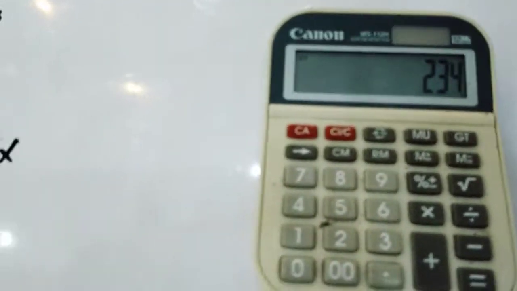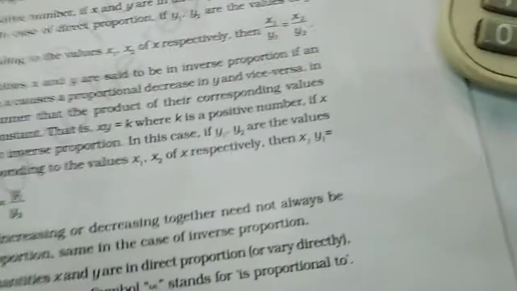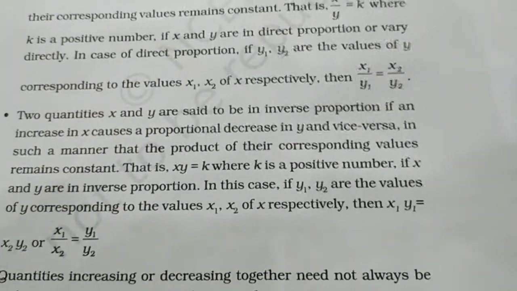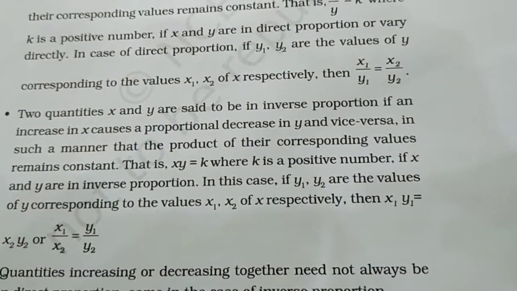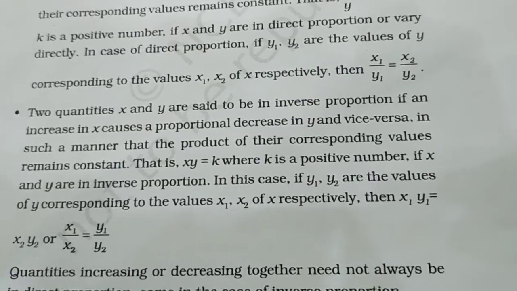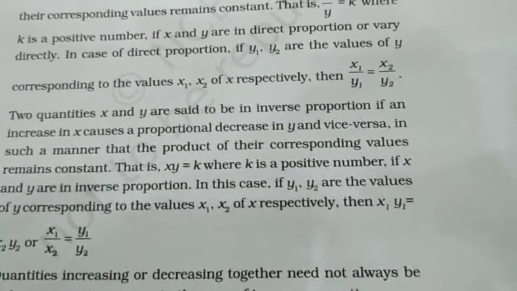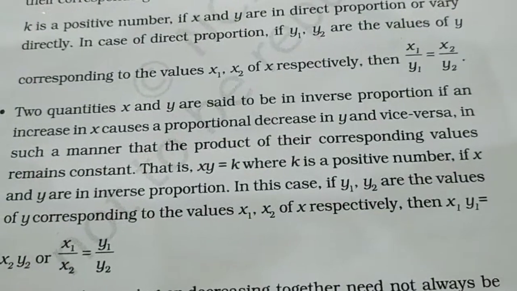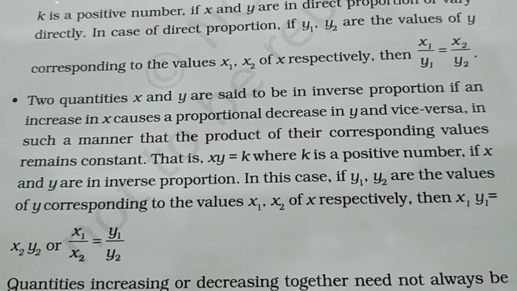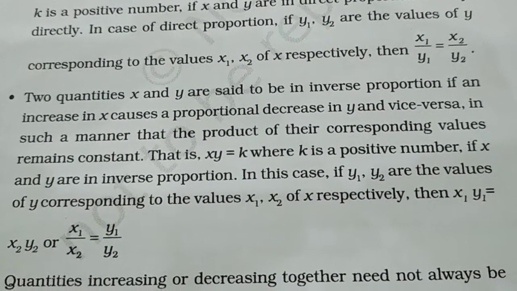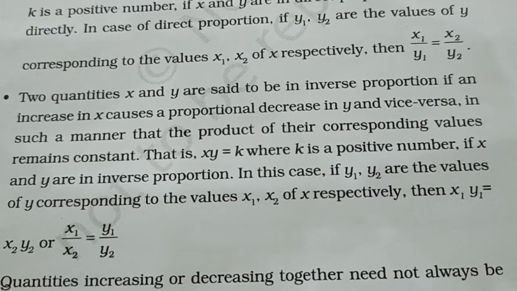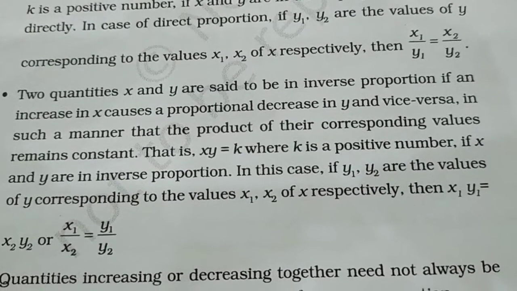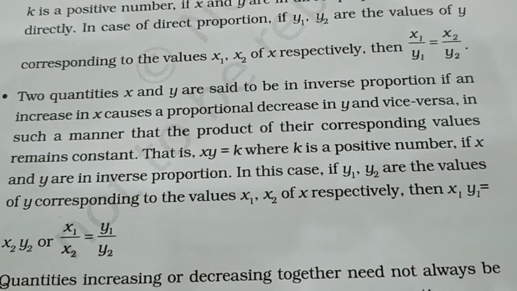So inverse proportion, two quantities x and y are said to be in inverse proportion if an increase in x causes a proportional decrease in y and vice versa, in such a manner that the product of their corresponding values remains constant. That is, xy is equal to k, where k is a positive number, if x and y are in inverse proportion.